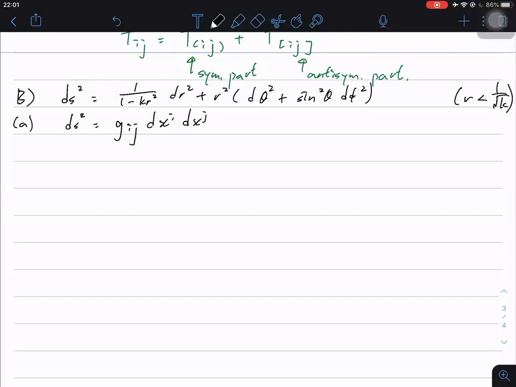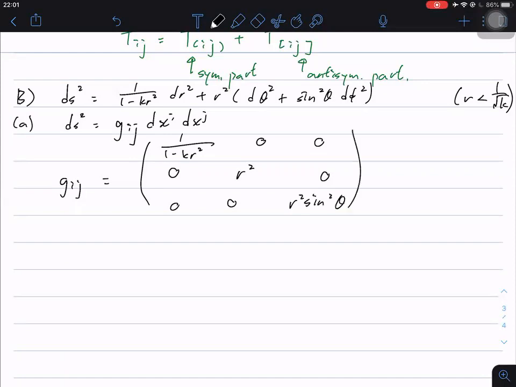There's no cross term. So for g_ij, there is no off-diagonal term. For any off-diagonal term, it's 0. For the g_rr, well, basically it's just the term in front of the dr squared, 1 over 1 minus kr squared. And g theta theta is r squared, and g phi phi is r squared sine squared theta. Okay, that's it.